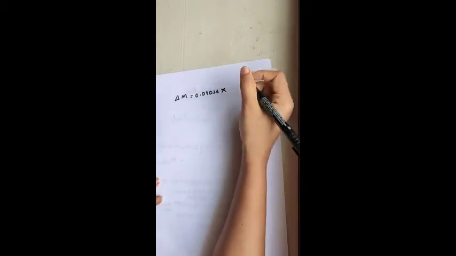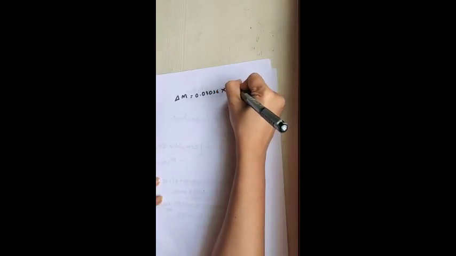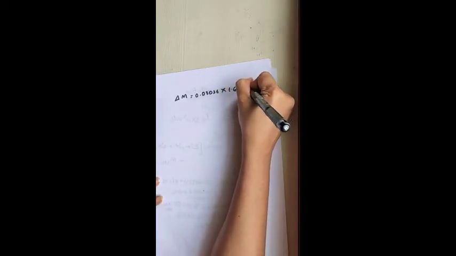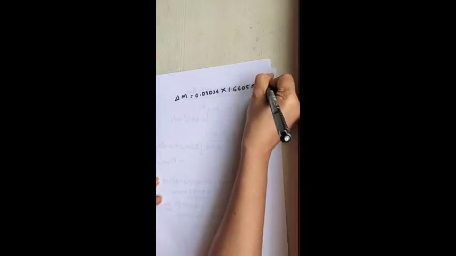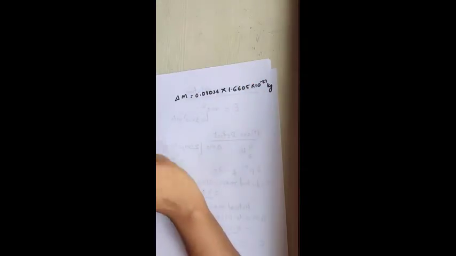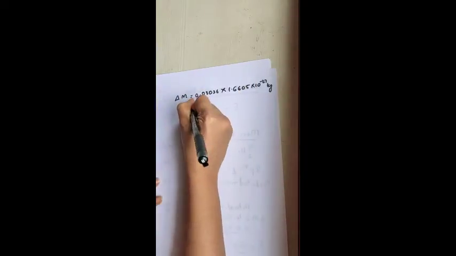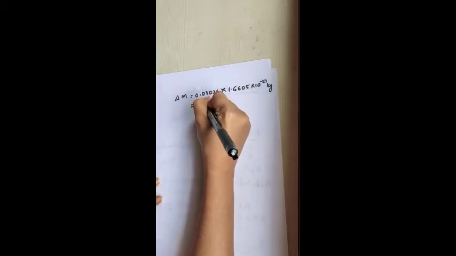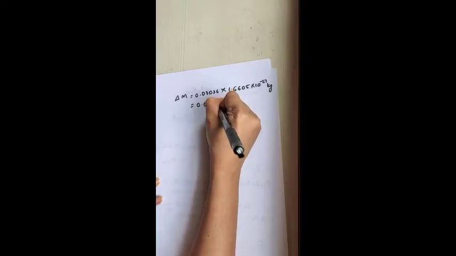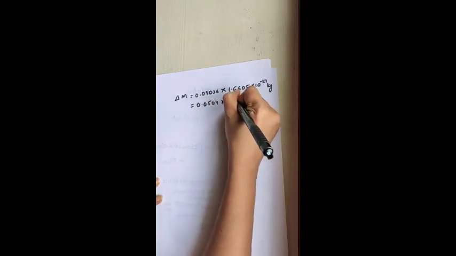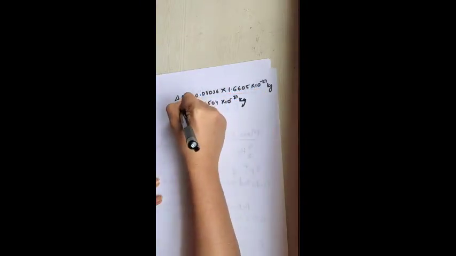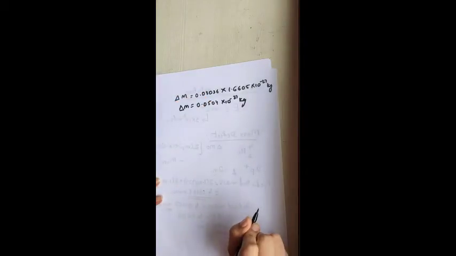To convert AMU into kg, we have to multiply by 1.6605 into 10 power minus 27 kg. In the beginning I told you 1 AMU is 1.6605 into 10 power minus 27 kg. So this answer you will get around 0.0504 into 10 power minus 27 kg. So delta M you got to know now, right?